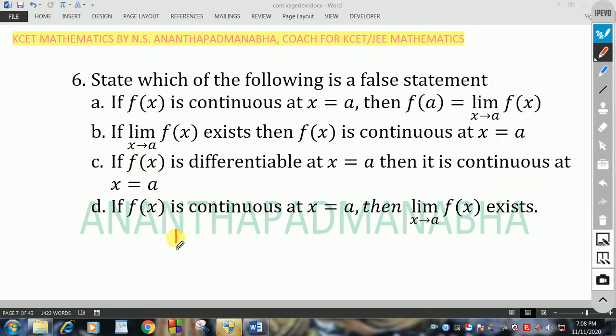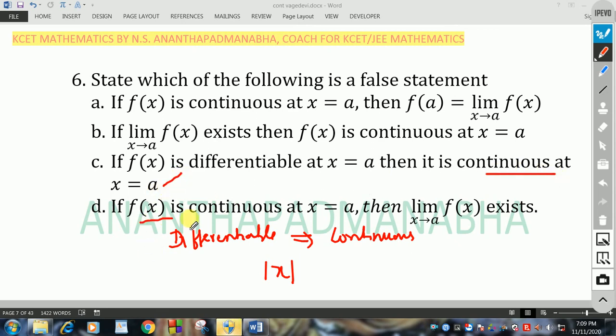That is, if the function is differentiable, then we can say that it is continuous, whereas the converse is not true. The best example for this is modulus of x. Modulus of x is a continuous function, but it is not differentiable at x is equal to 0. So that is why statement C is right.